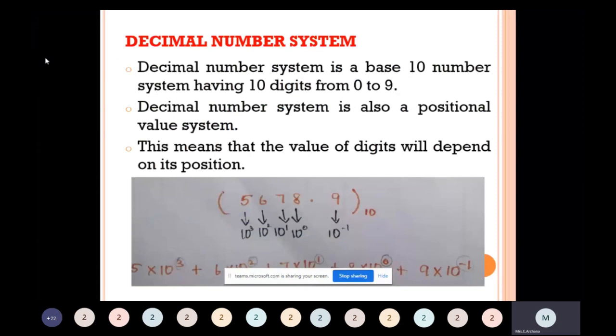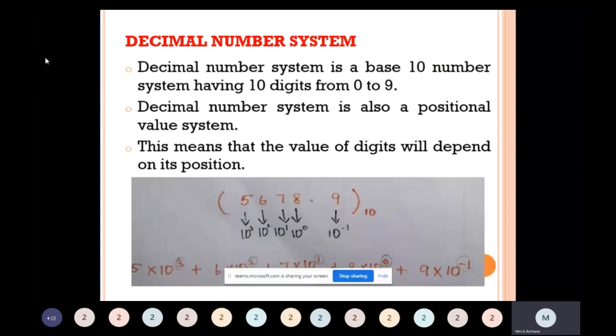For representing the weightage in the integer part, we should start the weightage of each and every digit from the LSB, the least significant bit.